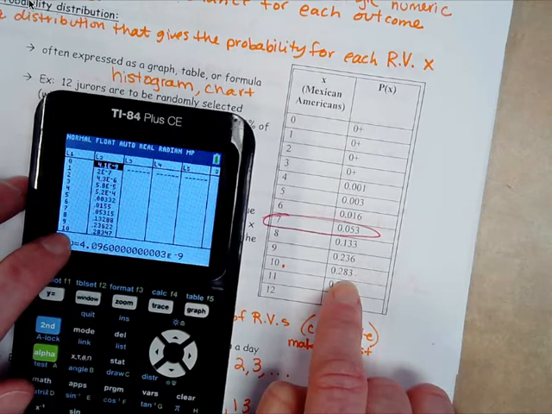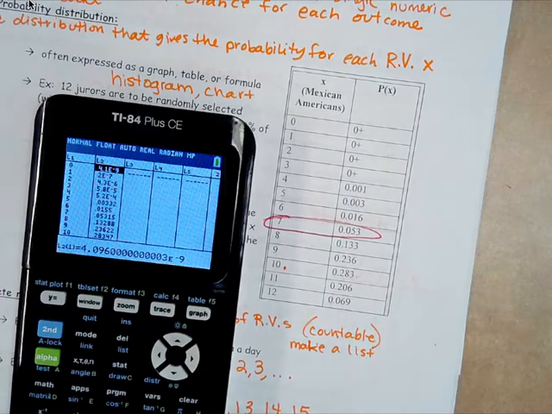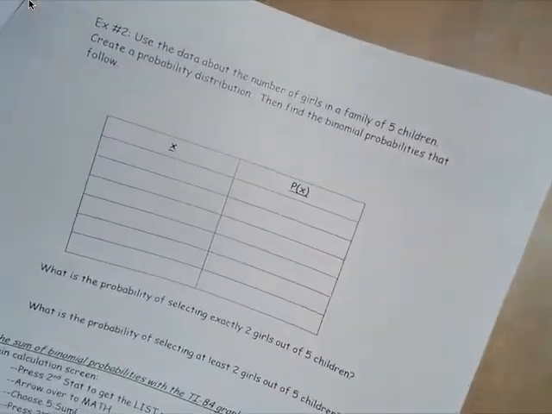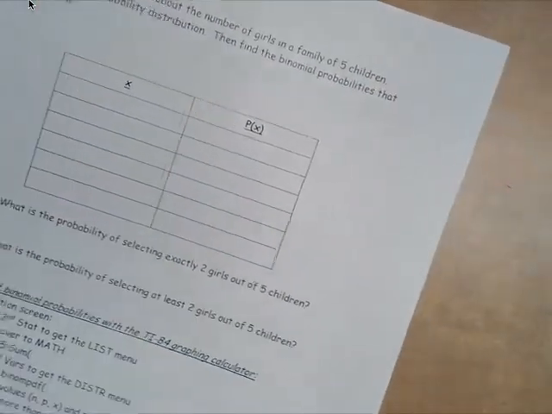See how it's all the same? So as long as you know your number of trials and your probability of success, you can create a table like this. So that is all I want to do on that.